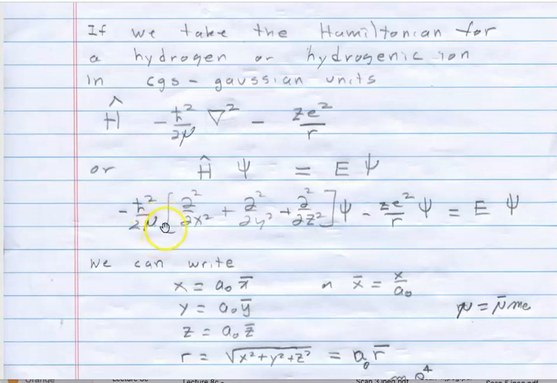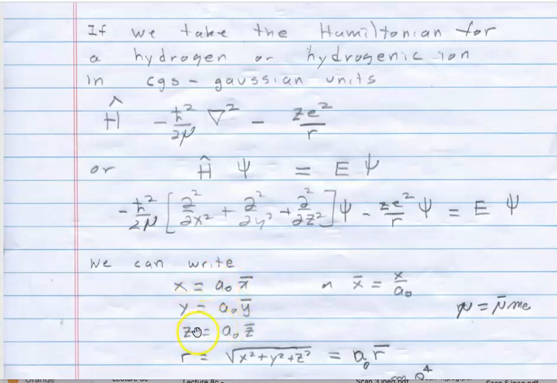First thing I'll do is look at the case where I now want to change into atomic units. And you can view that in two ways. One is I can express a distance x anywhere as a number, x bar, and the unit, which would be the Bohr, or the Bohr radius.